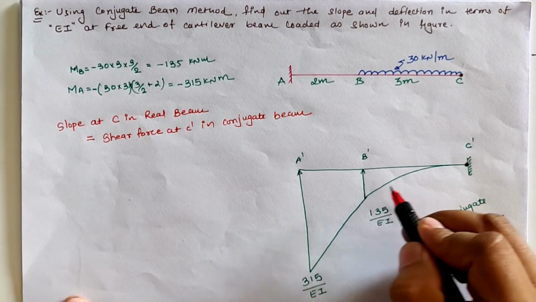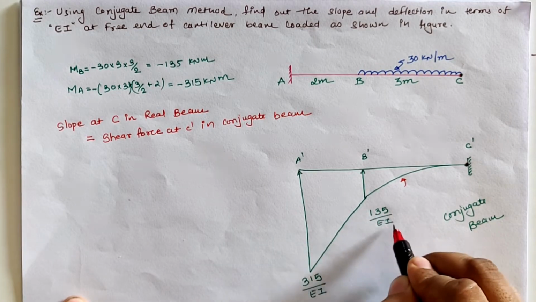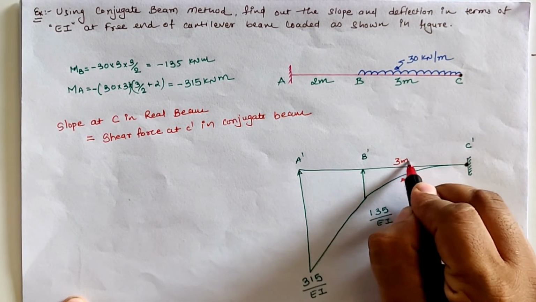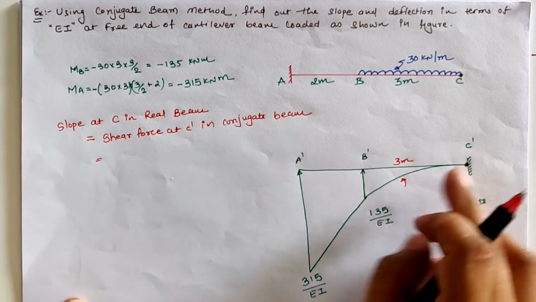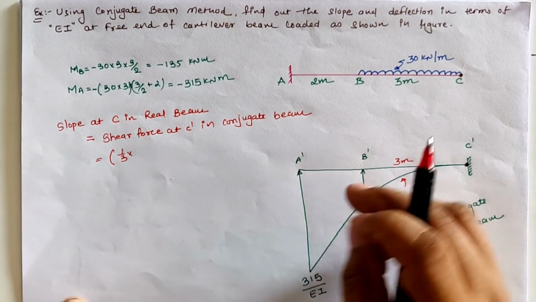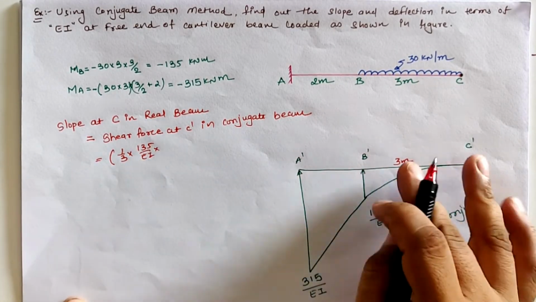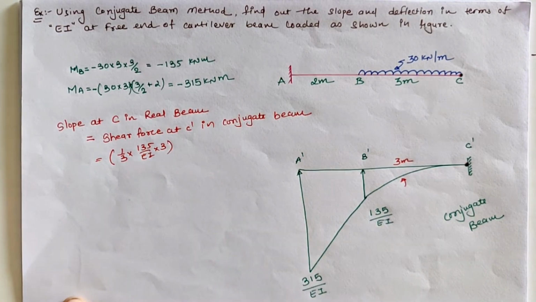Now the first part, the curve, has the total loading of 135 by EI and span length of 3 meter. Our total loading for this type of curve is 1/3 into the rate of loading 135 by EI and distance 3 meter.